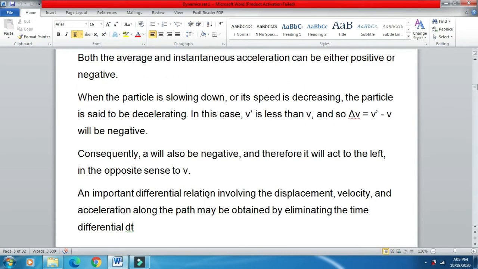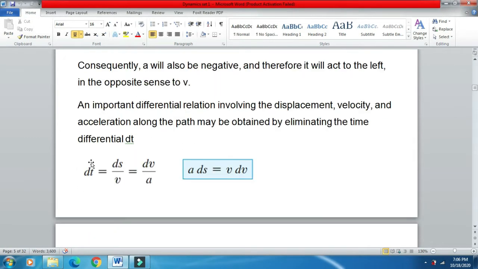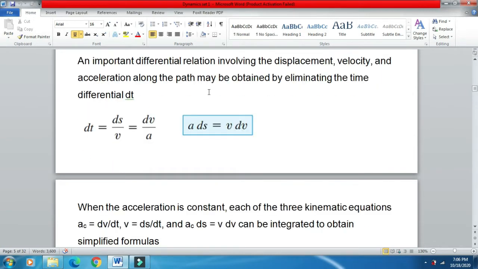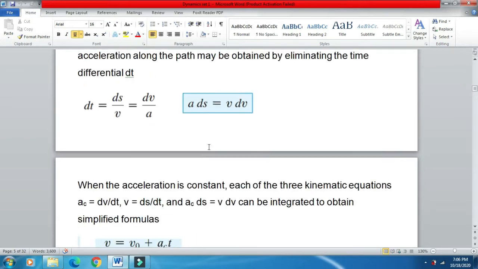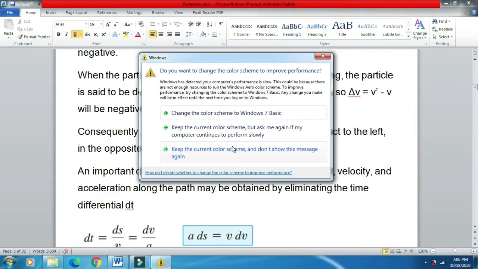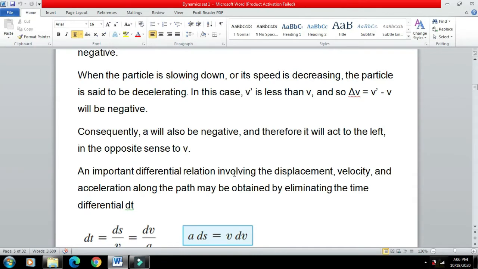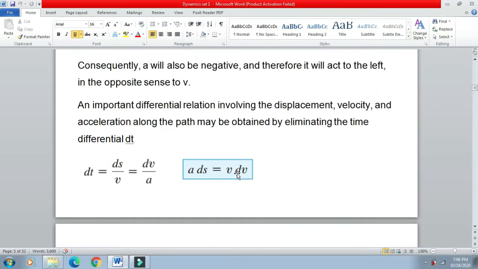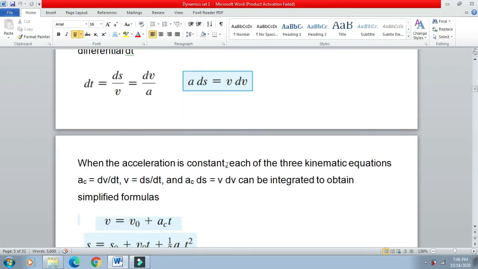From the two relations, v equal to ds over dt and a is equal to dv over dt, we can eliminate dt from the two equations, and we will get a relation between acceleration, velocity and displacement. So now we have three relations. v equal to ds over dt, and then a equal to dv over dt, and this is the third relation.